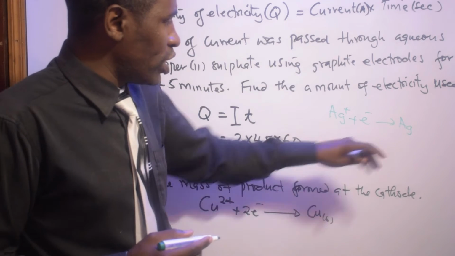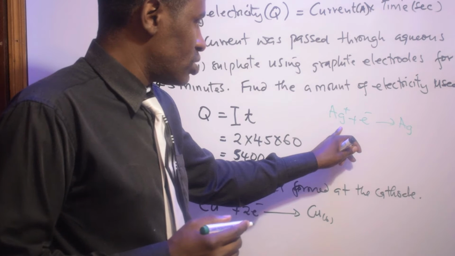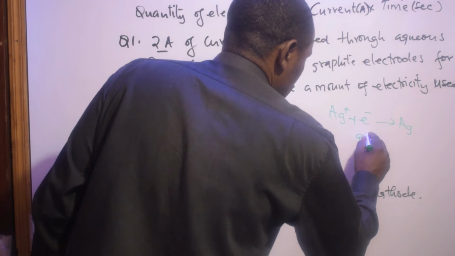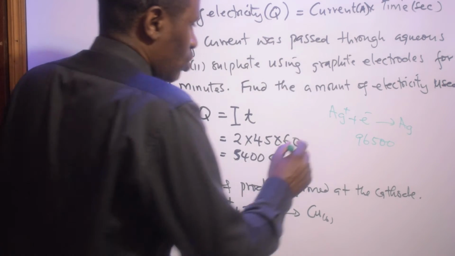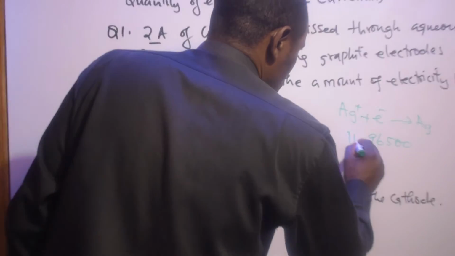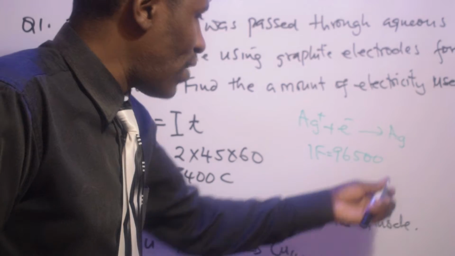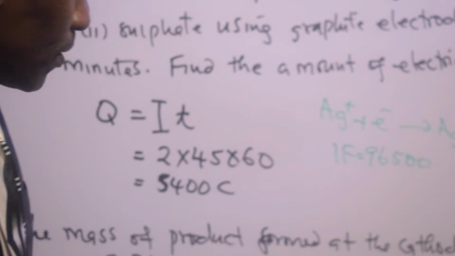Experiments have shown that when you are discharging 1 mole of monovalent ions, you require an amount of electricity equivalent to 96,500. This amount of electricity is what we call a Faraday. So this is 1 Faraday, 96,500.